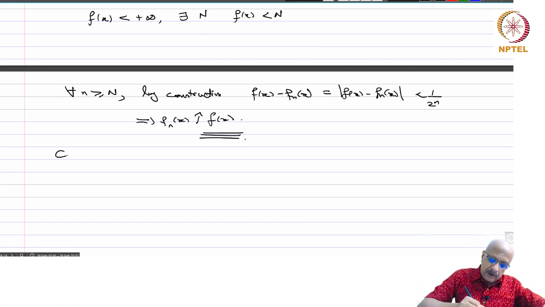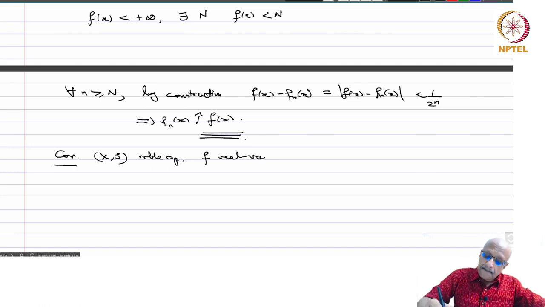Okay, corollary. X is a measurable space, f a real valued measurable function, then f is the limit of simple functions.